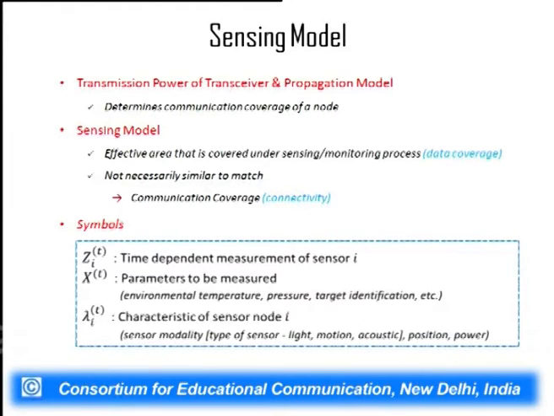But what is communication radius? The communication radius, which imparts communication coverage, is basically for connectivity. Say if the communication areas of two nodes overlap with each other, it means that communication is feasible between those two nodes. They are connected for transmitting or receiving data.